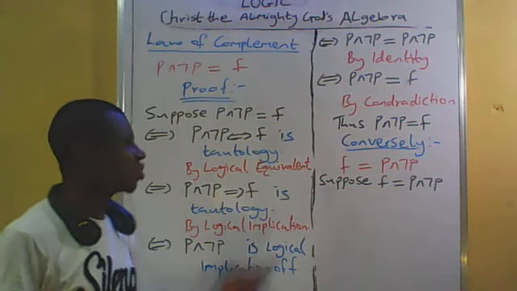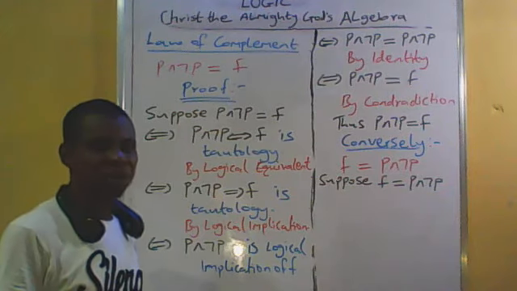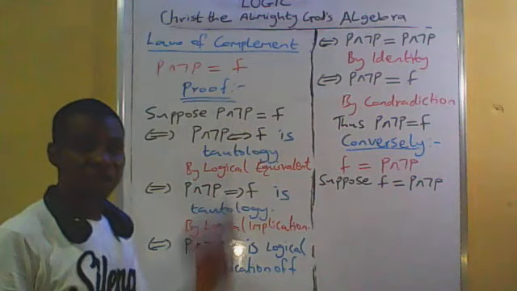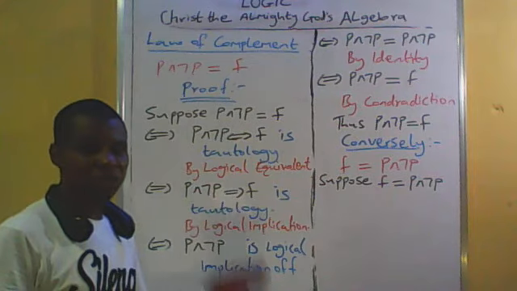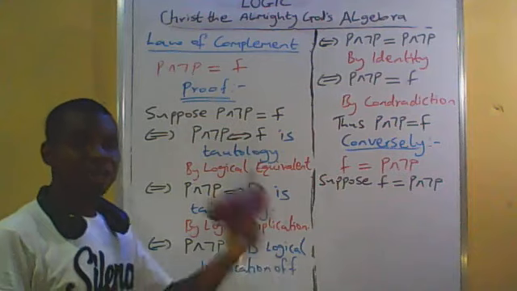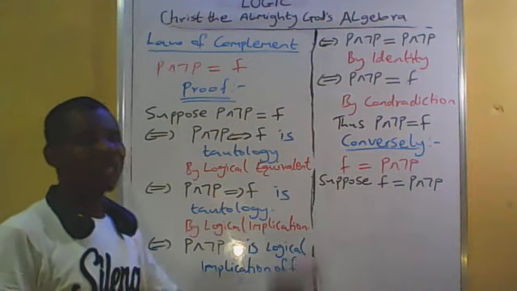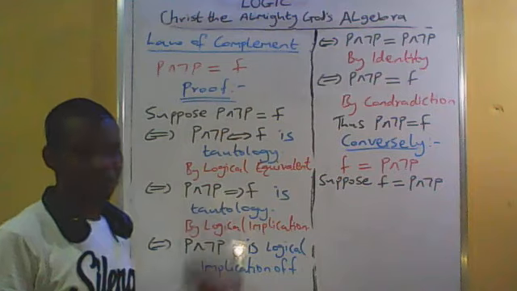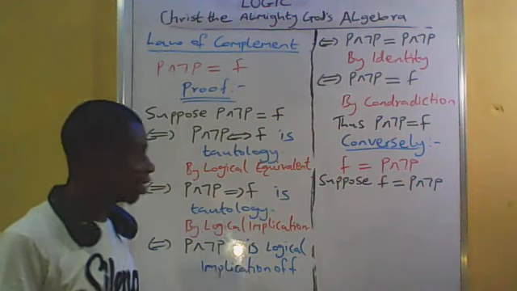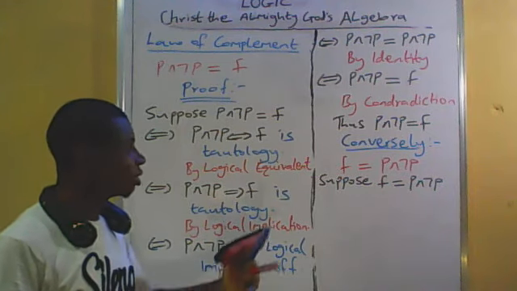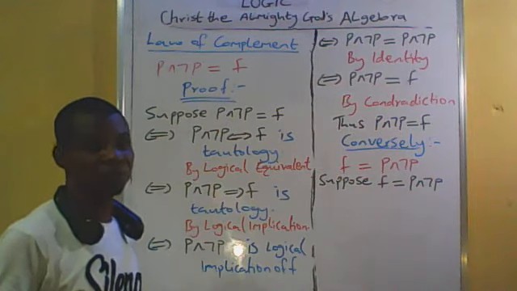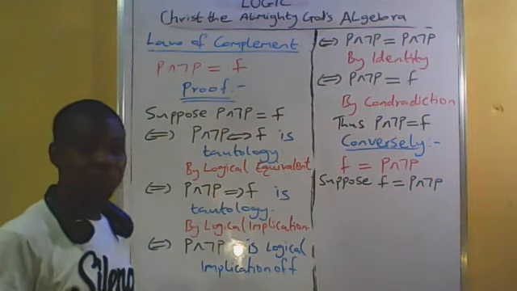And the statement is logical equivalent because whenever the left hand side of the equation is F, the right hand side is also F. In the same vein, whenever the right hand side is F, the left hand side is also F, because the value of each side of the equation is constant, always F. So we say that it's logical equivalent.